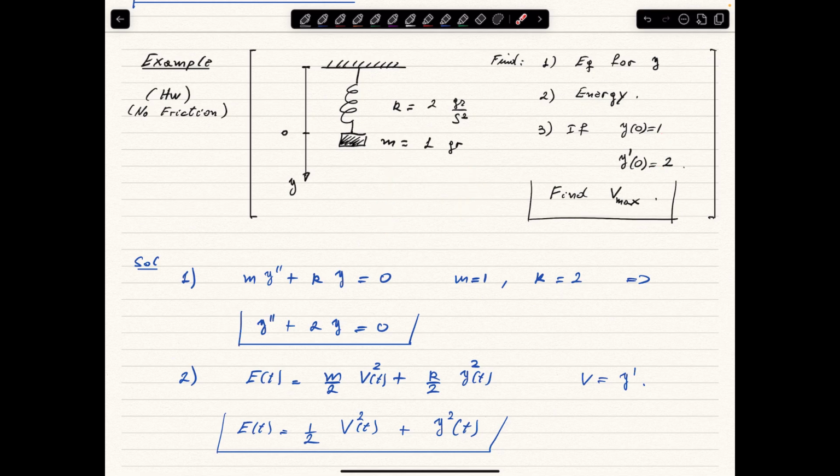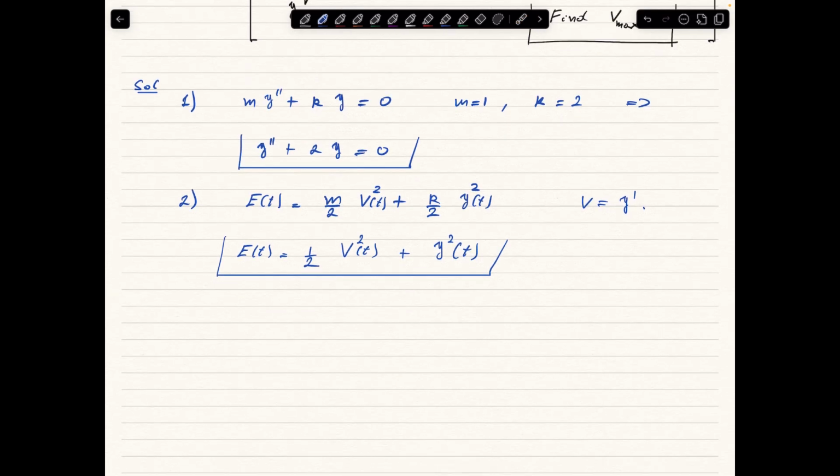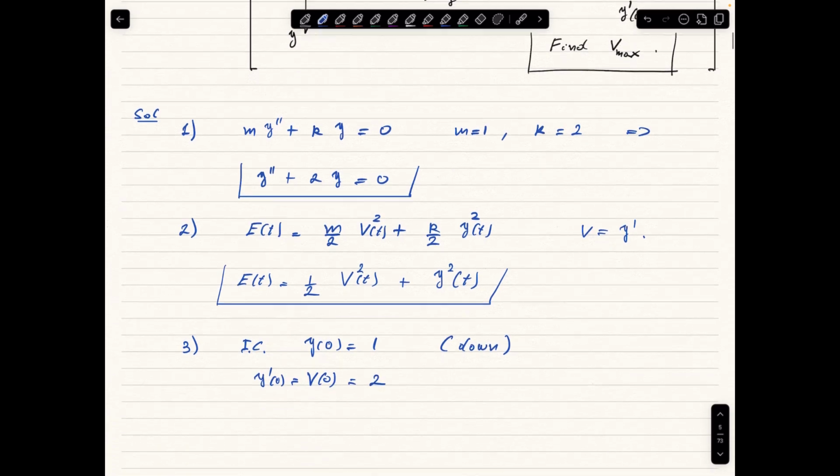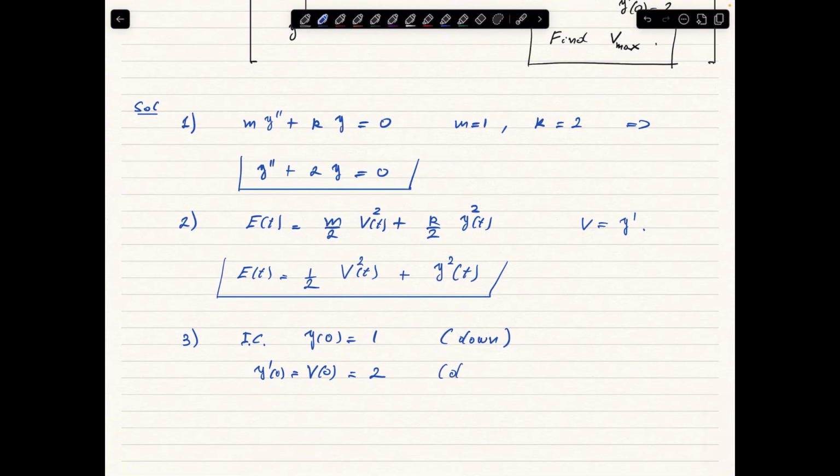So let's say our initial condition is y0 equal 1, so downwards is positive displacement, and the velocity v0, y prime at 0, is 2. And this is downward also.